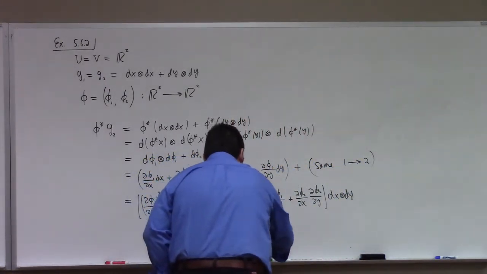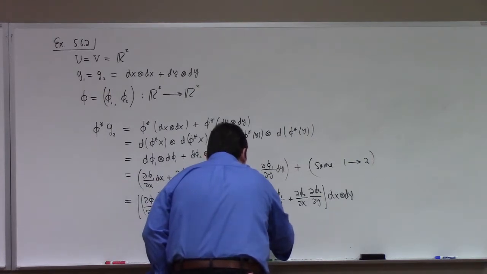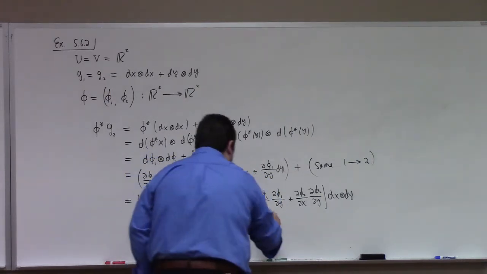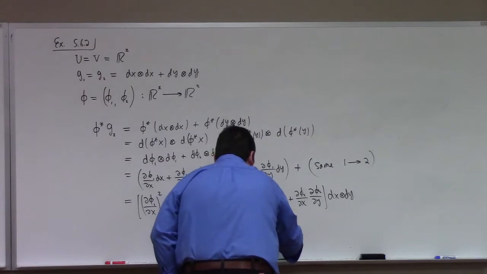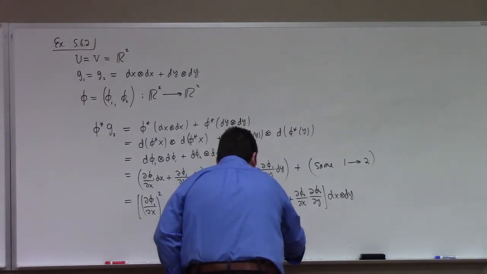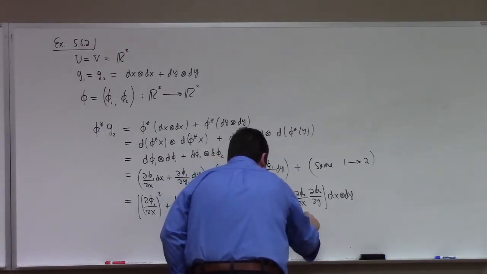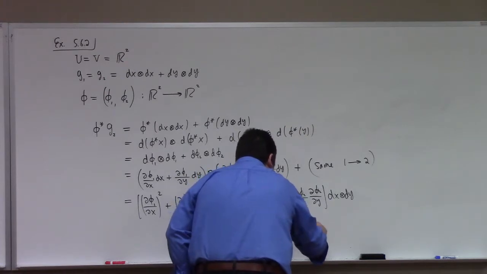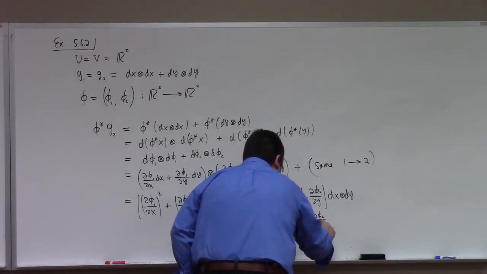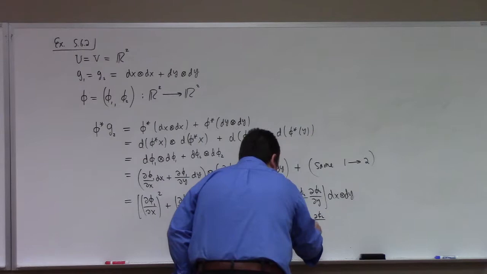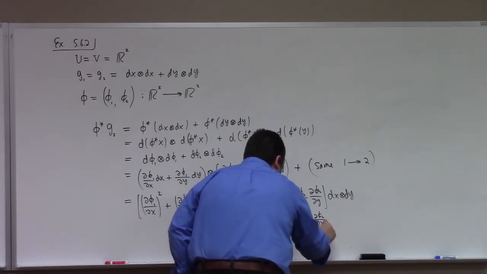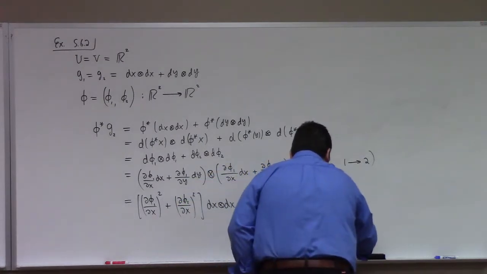And then also partial phi 1 partial y partial phi 1 partial x plus partial phi 2 partial y partial phi 2 partial x, on dy tensor dx.